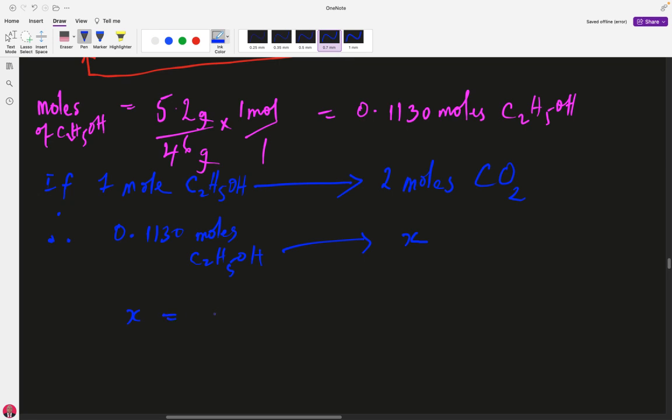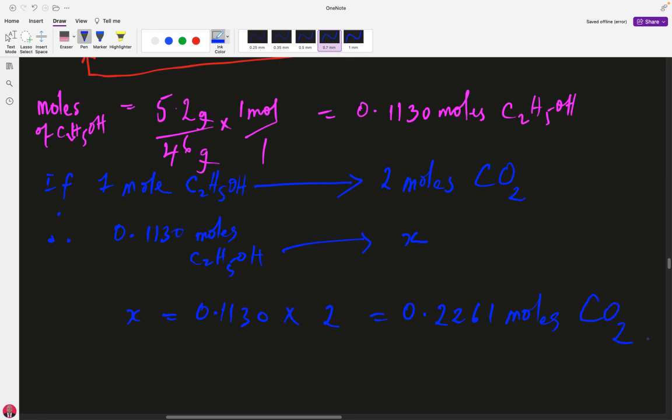X will be 0.1130 moles of C2H5OH times the 2 moles of carbon dioxide produced. This gives us 0.2261 moles of carbon dioxide that were produced.